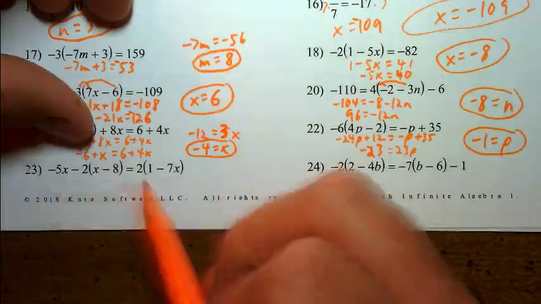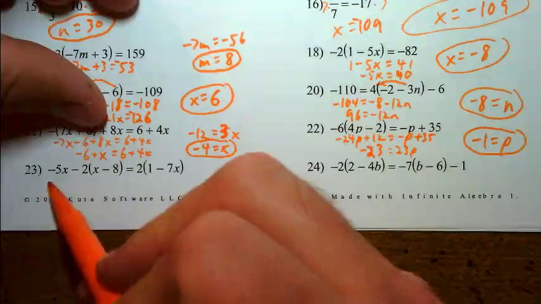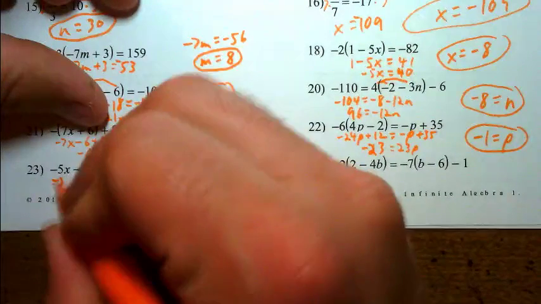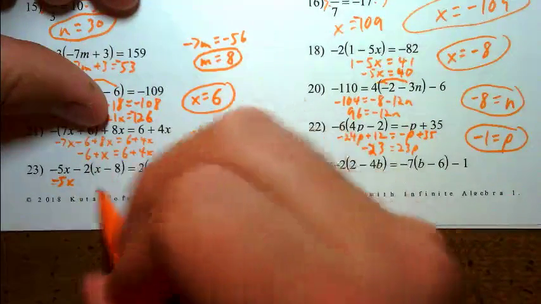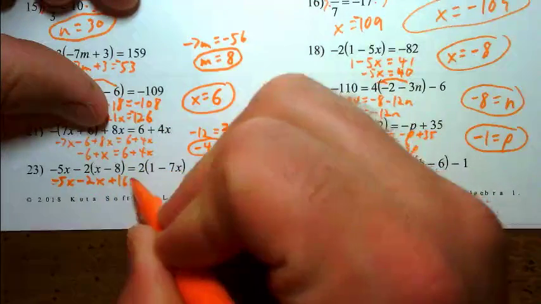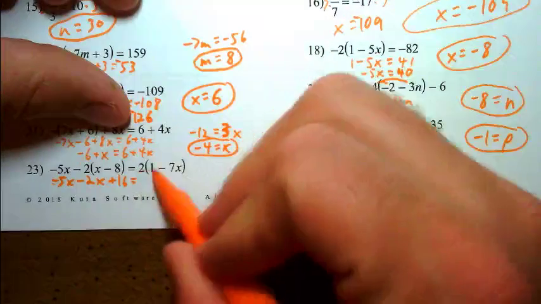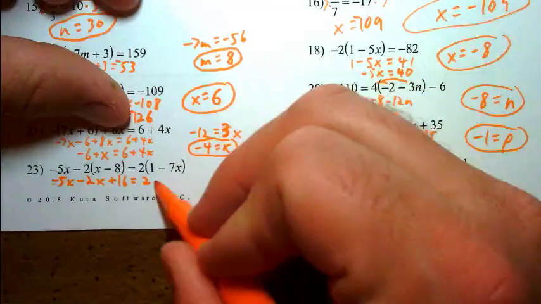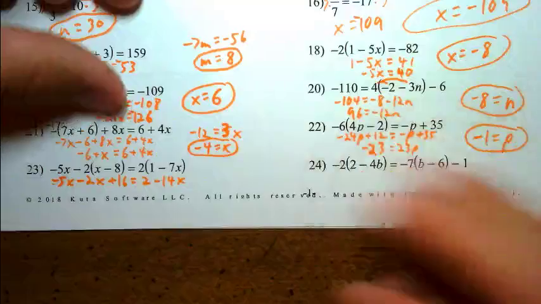On this one, we can use distributive property twice. So we have the negative 5x out in front. We distribute the negative 2, so we get negative 2x plus 16 equals, and then distribute this 2, so 2 minus 14x.